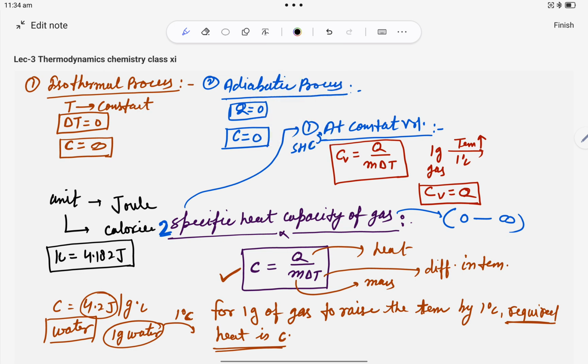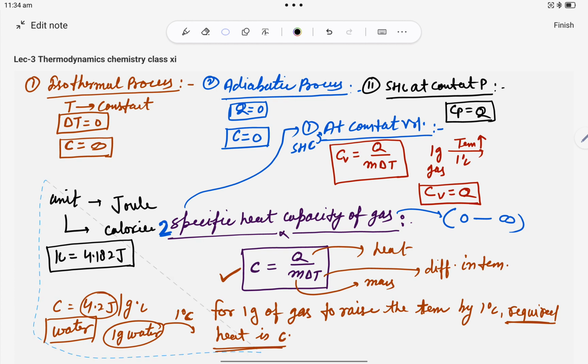The second part is specific heat capacity at constant pressure. It is Cp. This Cp is not that CP, okay? I will tell you that also, so no need to worry. Again Cp is equal to Q, the same value will come here. So what is the difference here?